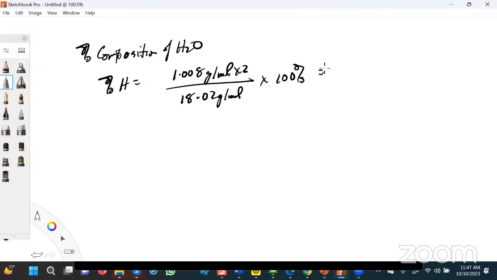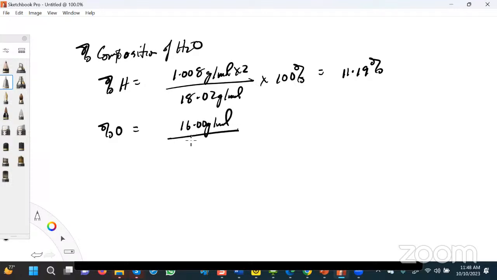So if we do that, times 100%, according to my calculations, you're going to get 11.19%.